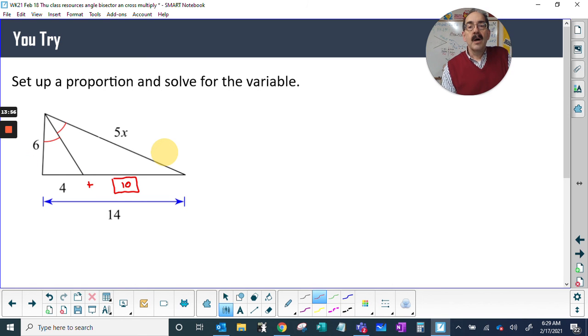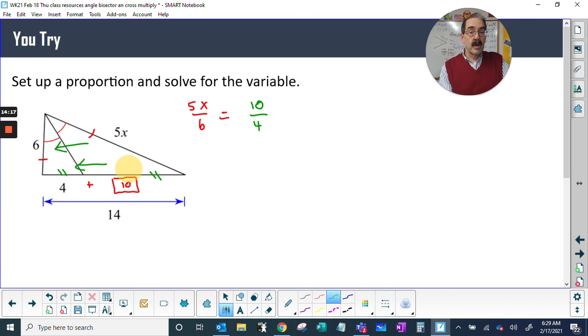According to the book, we're supposed to go 5x to 6 as 10 to 4. Always make sure you go the same direction. So this time I went this way. This time I went this way. Could have gone up and down. Okay? So now we got to cross multiply.